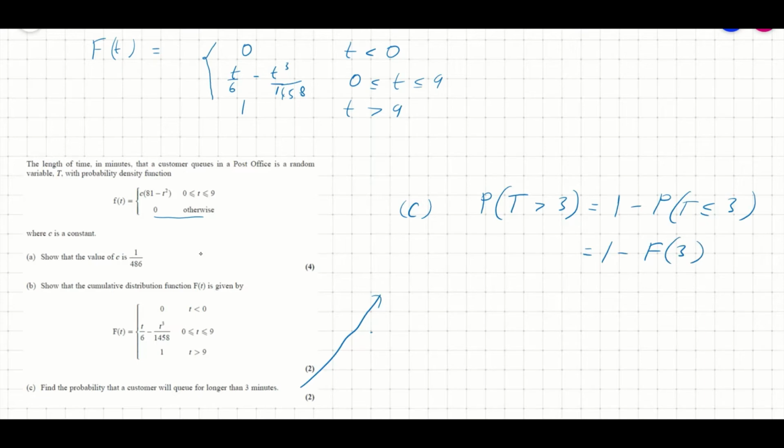Well, because 3 is between 0 and 9, this is 1 minus (3 over 6 minus 3 cubed over 1458). And you just plug these numbers into your calculator, and I think this comes out as an exact answer of 14 over 27. That's the probability a customer queues for longer than 3 minutes.